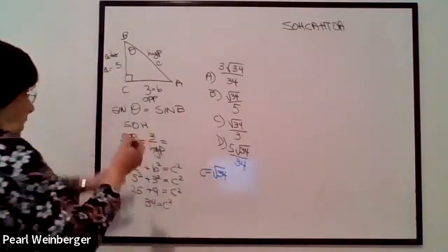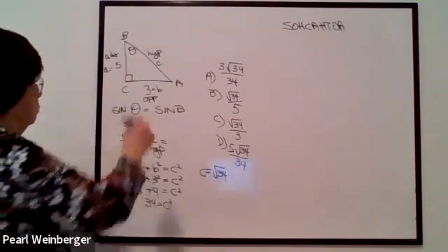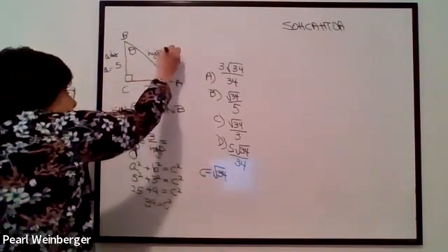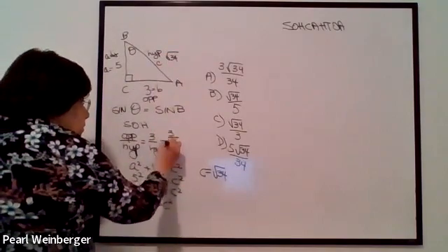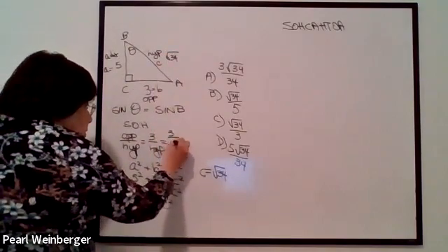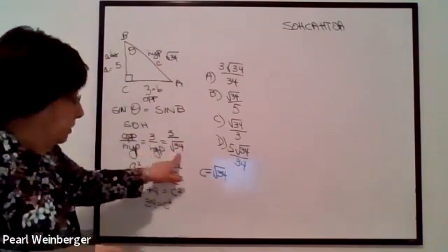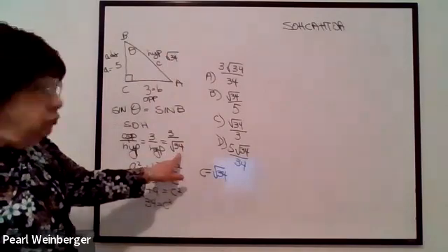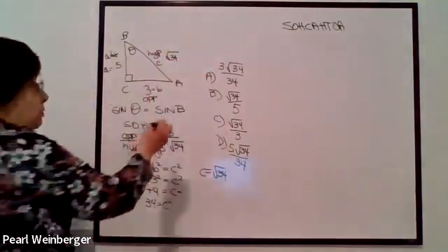So going back to this, the opposite over the hypotenuse is 3 over the square root of 34. And we know we're not supposed to leave a radical in the denominator. We have to rationalize the denominator. And if you notice, none of those choices are over there.